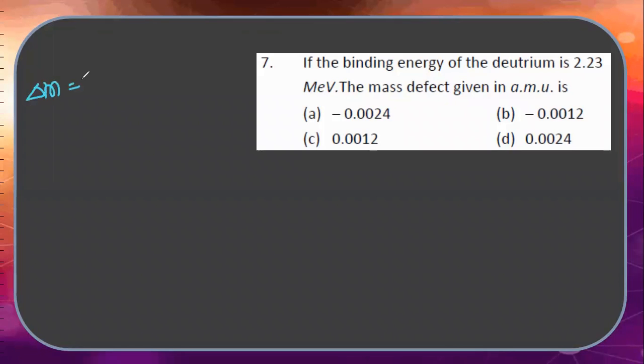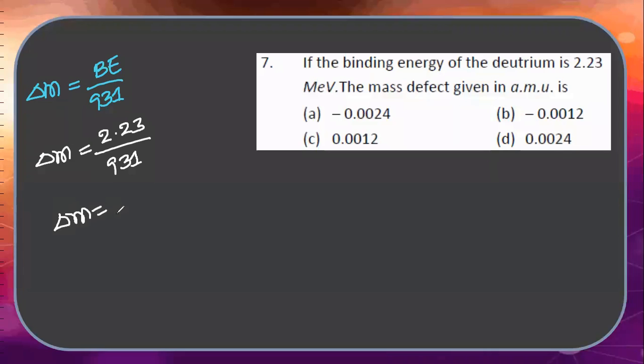Delta M is equal to binding energy B divided by 931.5. 931 is sufficient. So delta M is equal to 2.23 divided by 931. On simplifying this, we will get 0.0024.